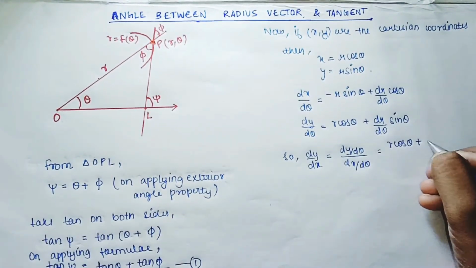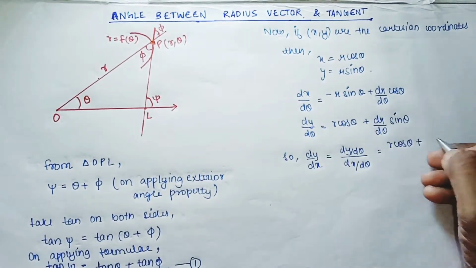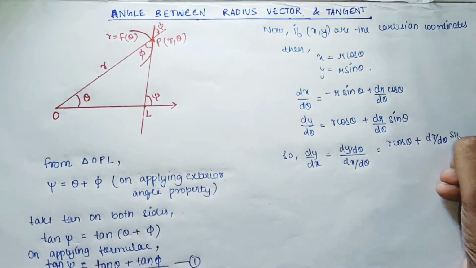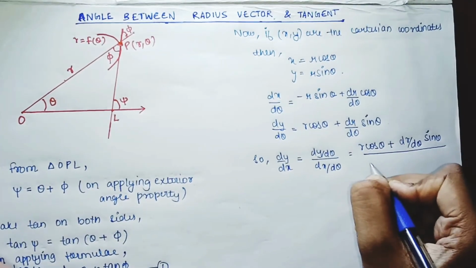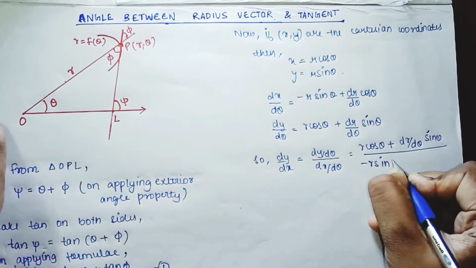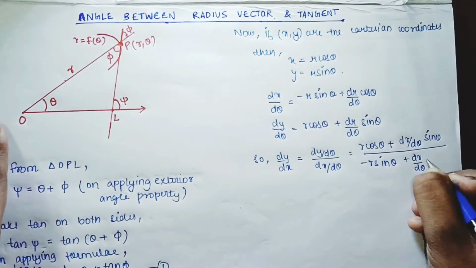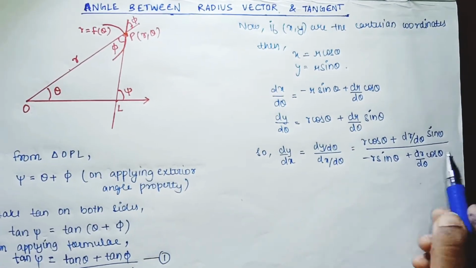After dividing dy by d theta by dx by d theta, we get this.